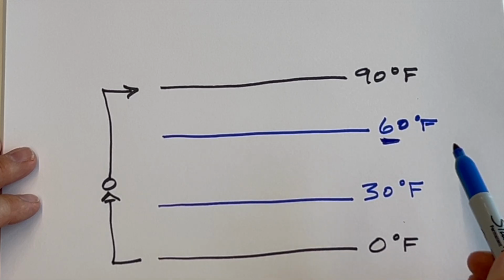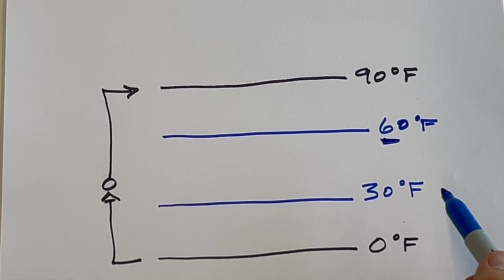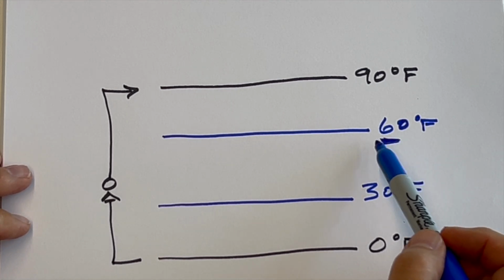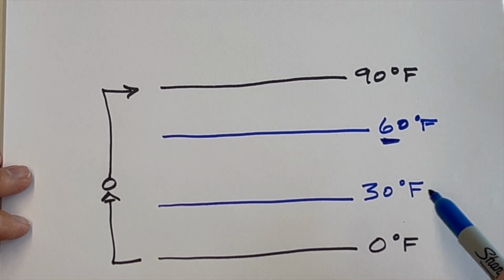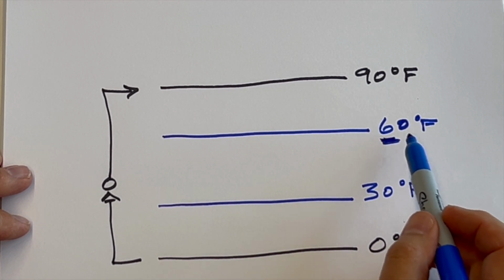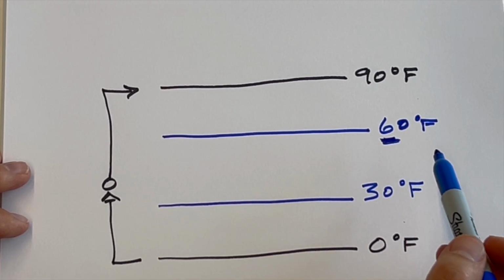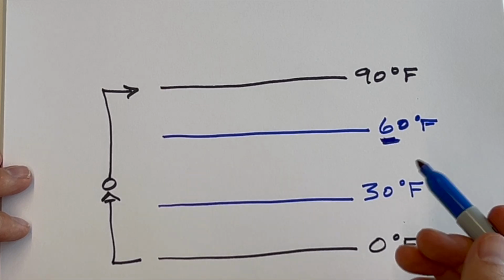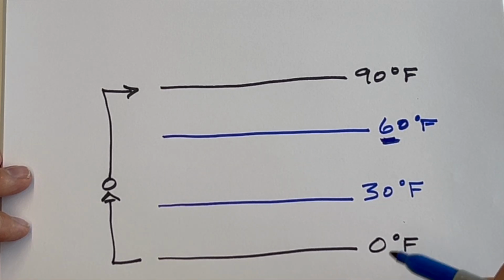Now, this conflicts with guidance we've been receiving for a few years now that says that we should not touch the indoor set point, we should set it and forget it. It turns out that that guidance was based on research that was limited to very specific use cases.